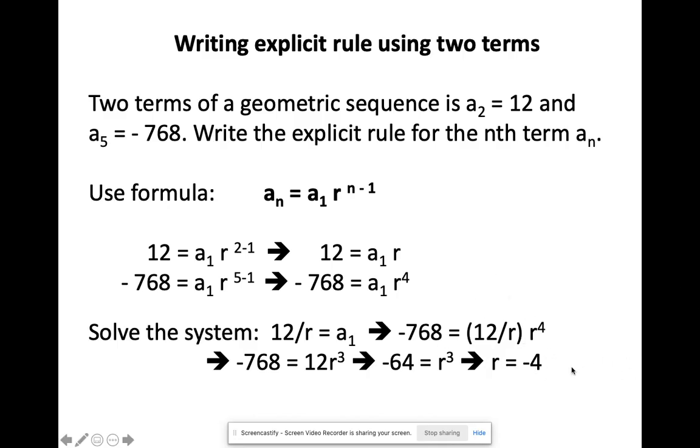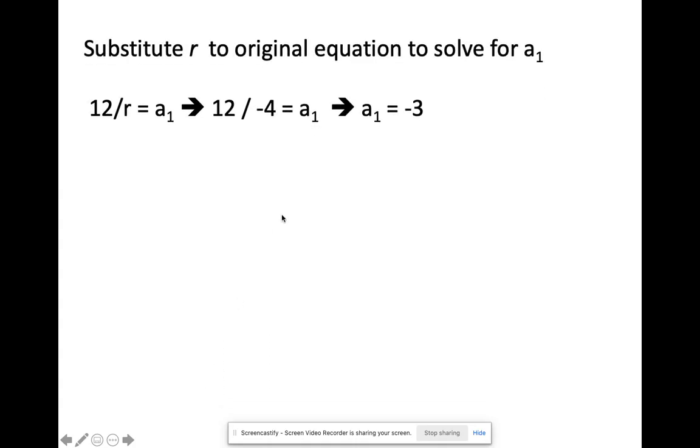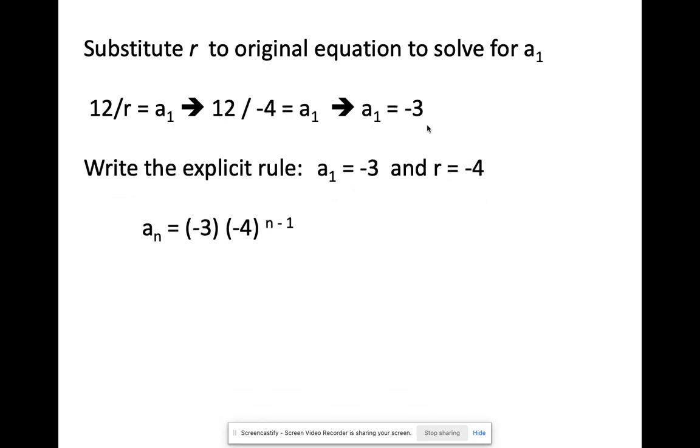To find a1, I substitute this r right there. So 12 divided by negative 4 gives me a1 equals negative 3. So the explicit rule has the first term negative 3 and r equals negative 4. So the equation is negative 3 times negative 4 raised to the n minus 1.